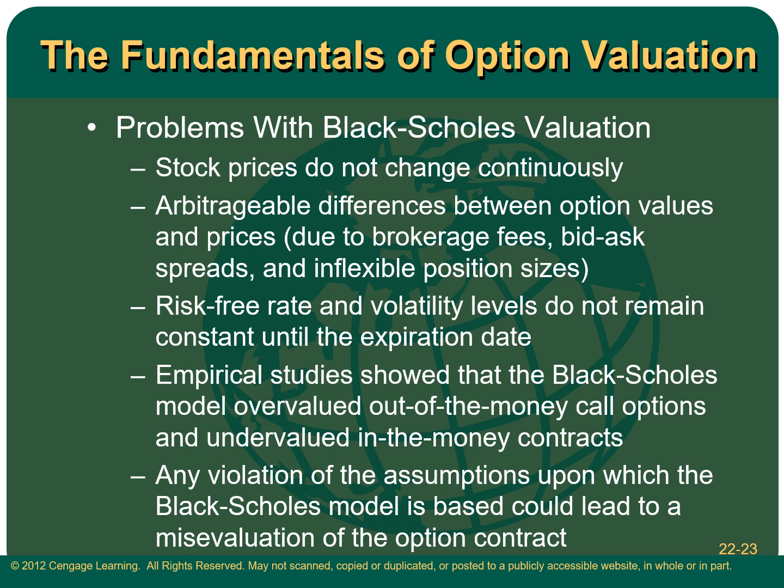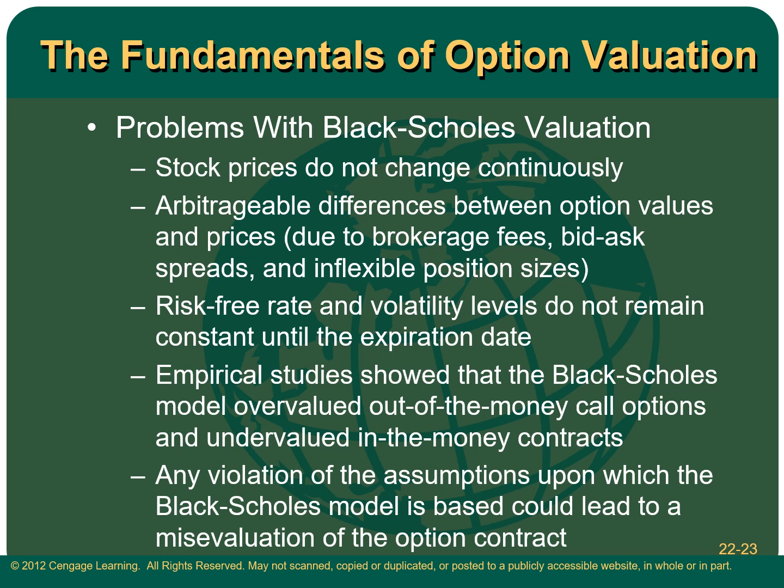Problems with Black-Scholes valuation: stock prices do not change continuously. Arbitrageable differences between option values and prices exist due to brokerage fees, bid and ask spread, and inflexible position size. The risk-free rate and volatility level do not remain constant until the expiration date.